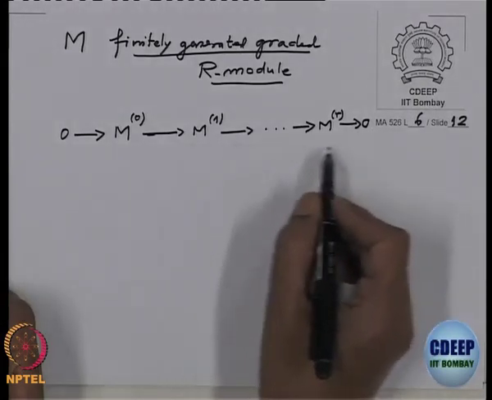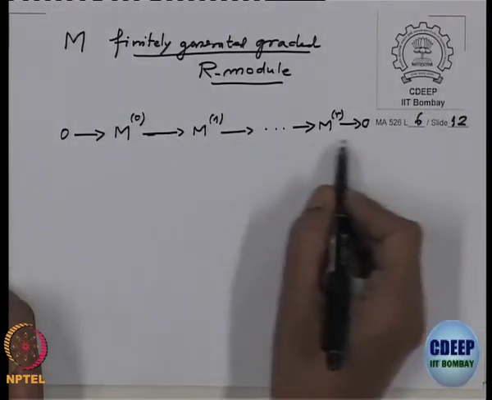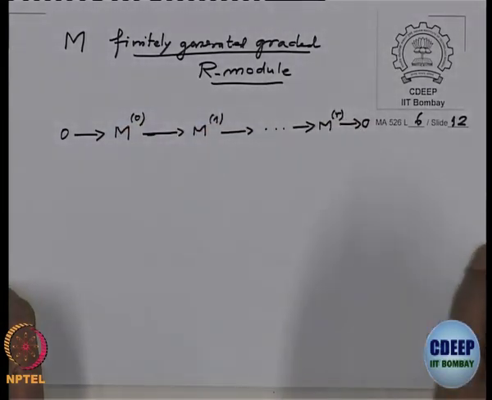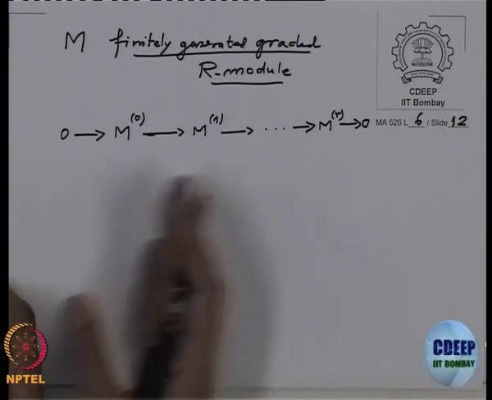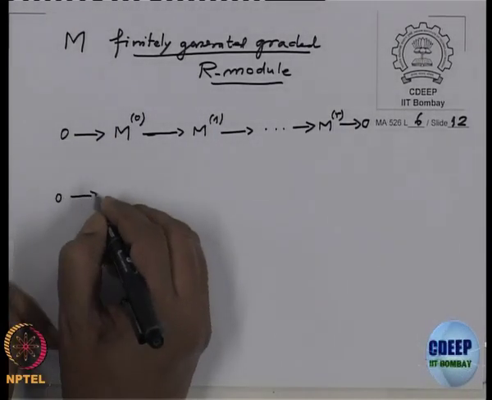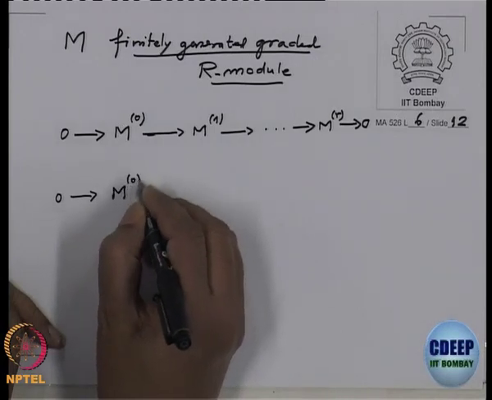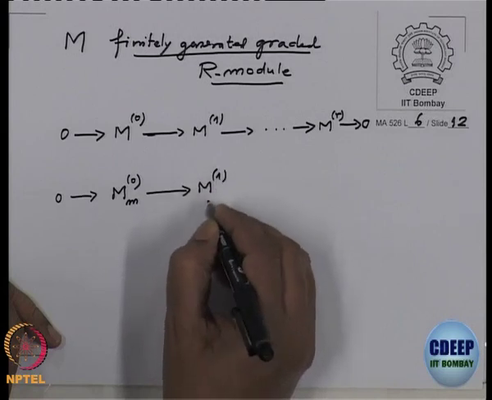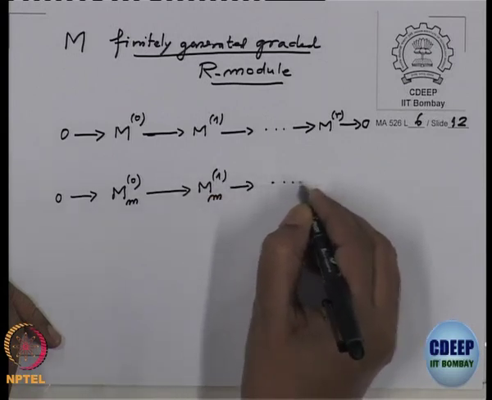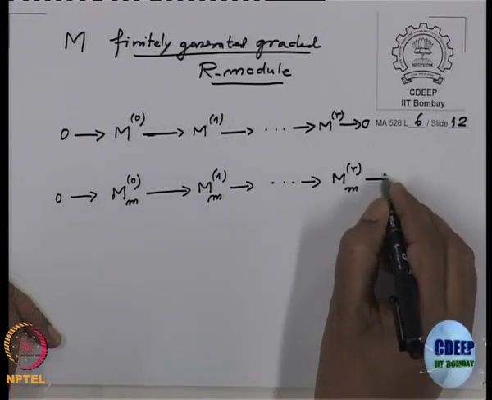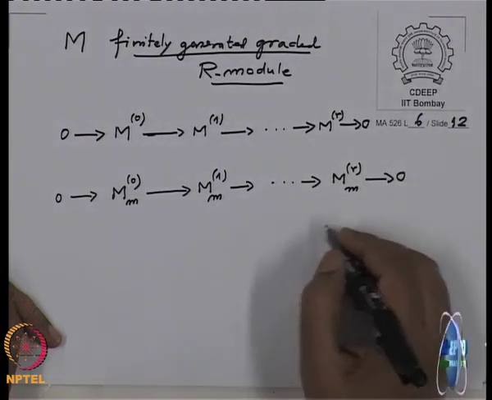If such a sequence of graded modules is exact, then at each homogeneous stage it will also be exact, because it is a graded homomorphism. So the mth component here will go to the mth component here, and so on. So this sequence will also be exact for all m.